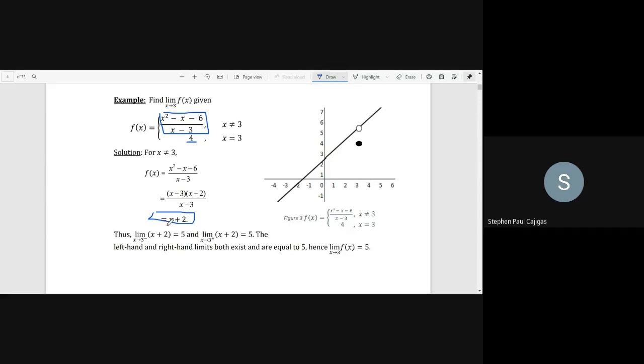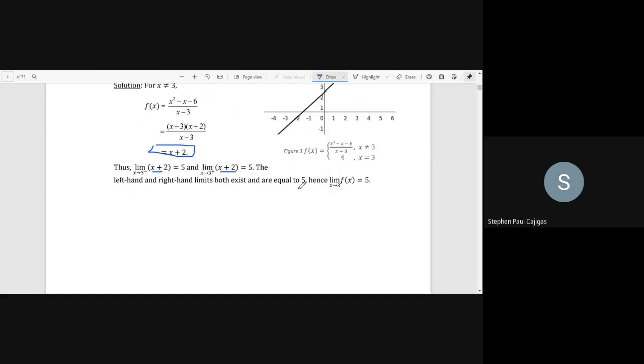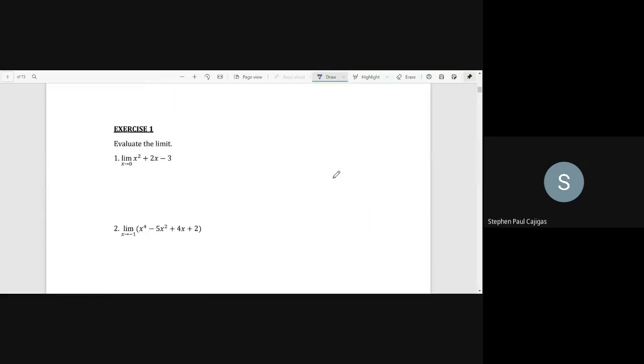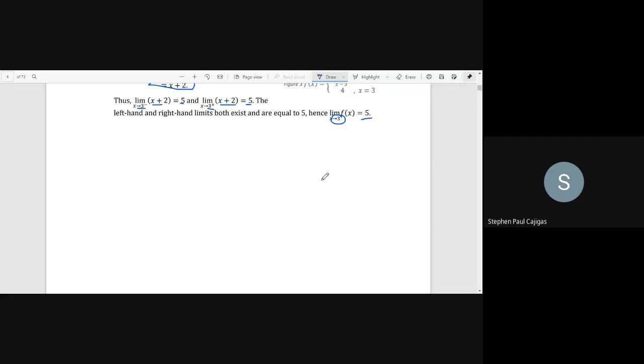So for that, we can also just substitute 3 into the function. And they are both 5. So we say that the two-sided limit, with no plus or minus sign, is equal to 5. Again, we can say 5 because our left-hand limit and right-hand limit are both 5.